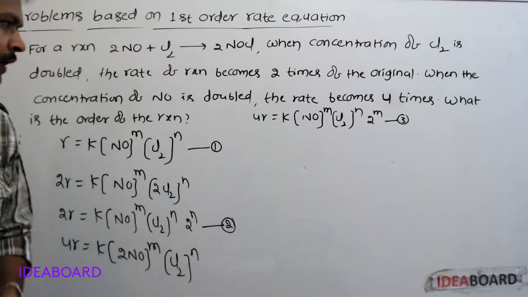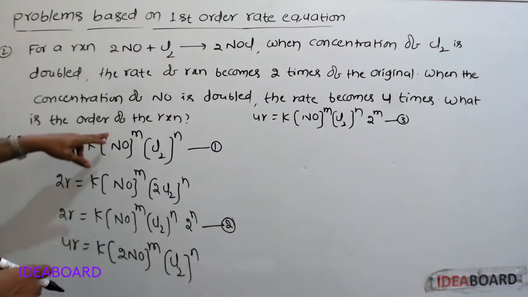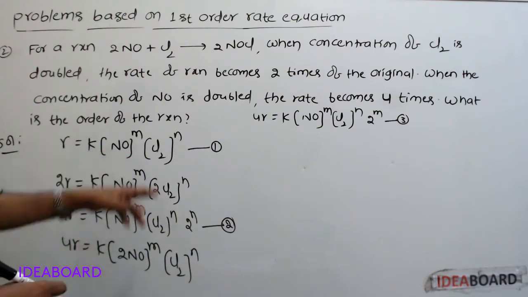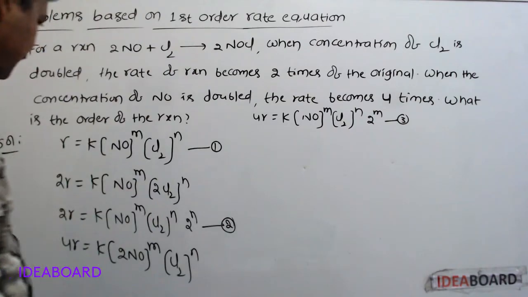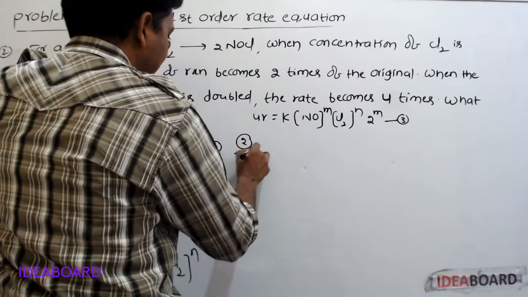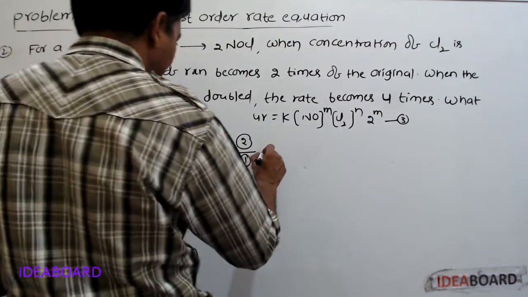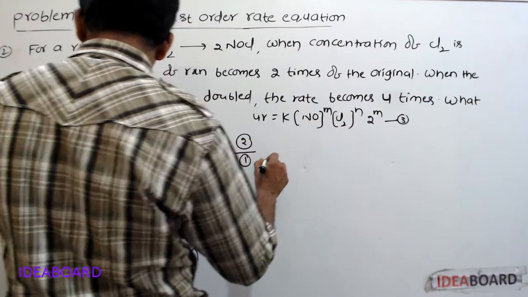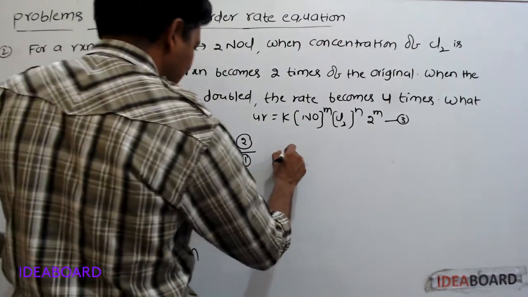Now we should calculate the order of reaction. First I am doing the second equation by the first equation. 2r by r means 2.